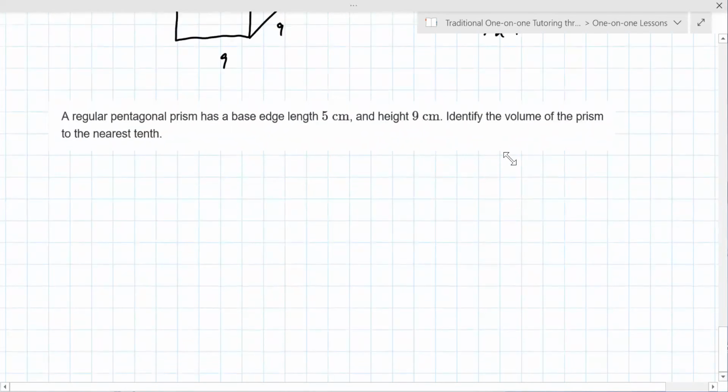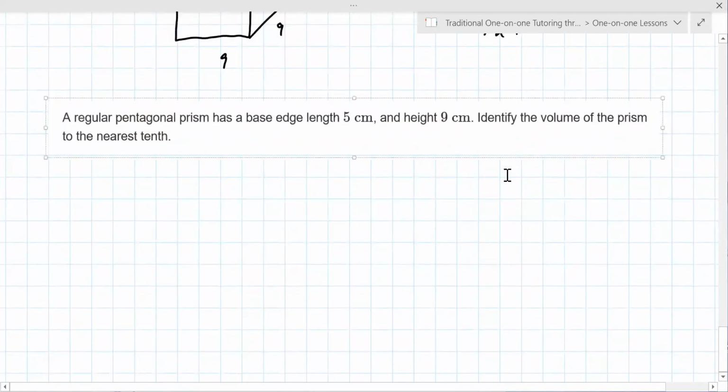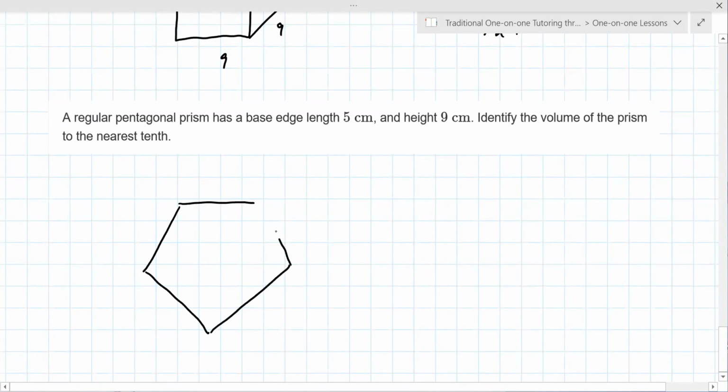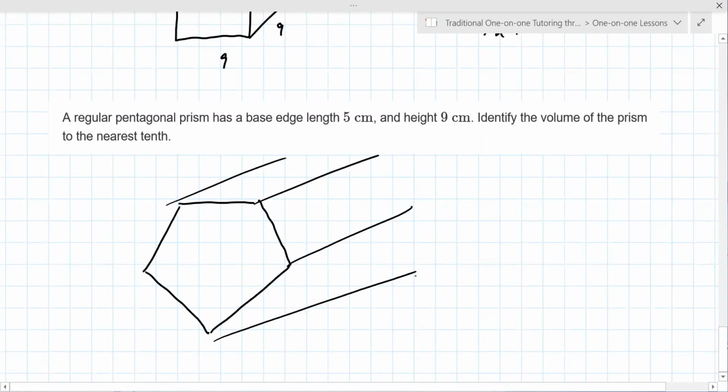That's right. We're going to need that again. So this is a pentagonal prism. It's a pentagon like this, but then it's extended.